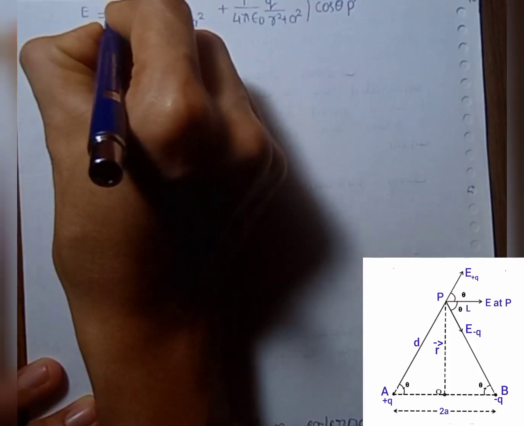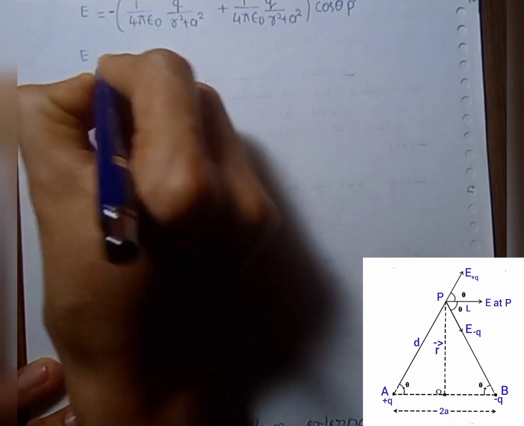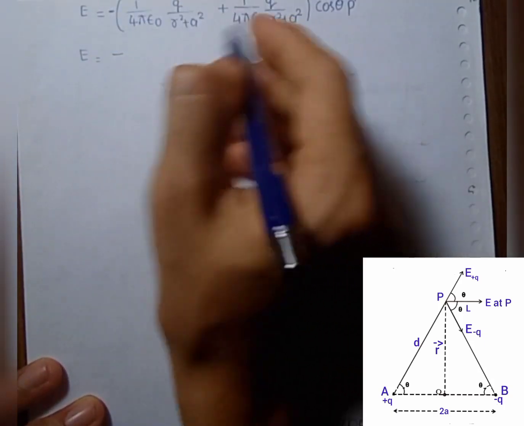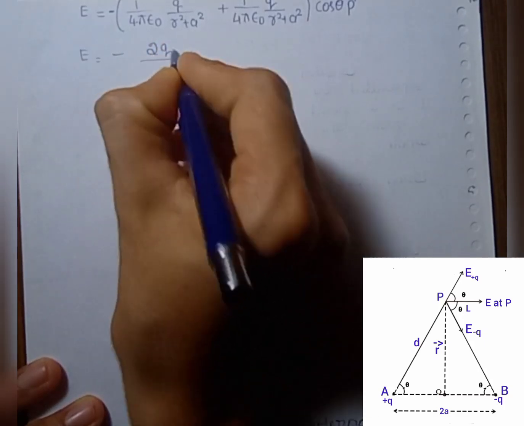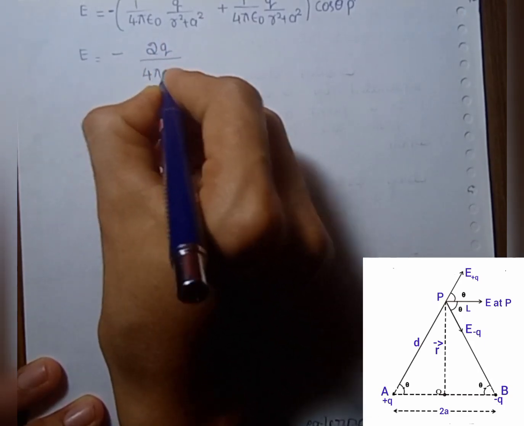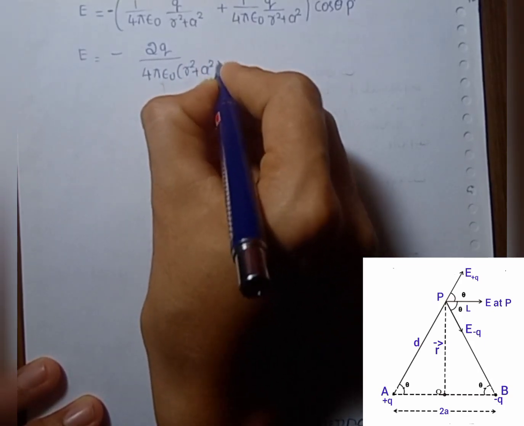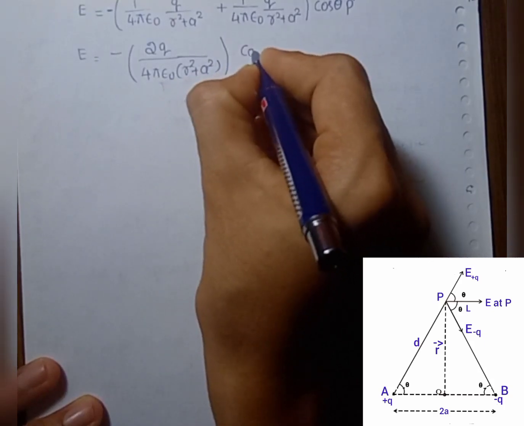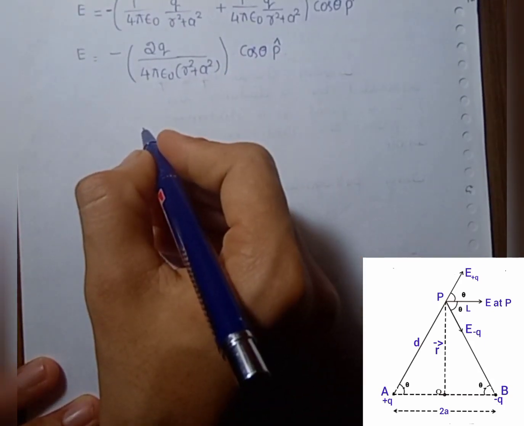We put the minus sign at the start. Then E is equal to minus of this quantity plus this quantity, so we will get 2Q divided by 4 pi epsilon naught R square plus A square into cos theta P cap.